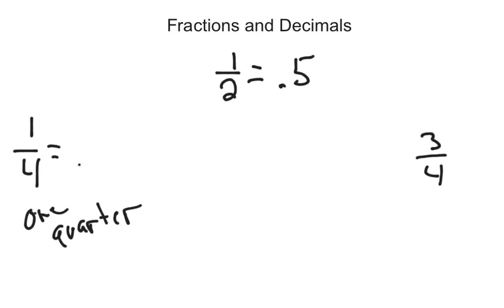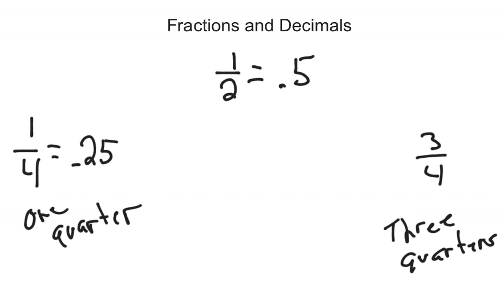A quarter is 25 cents, so we can say that is 0.25. 3/4, if you think about money, is how much? It equals 0.75. So we have our half, which is 0.5. We have our quarters, 1/4, which is 0.25, and 3/4, which is 0.75, and then I believe that there are two others that I think we should have memorized.